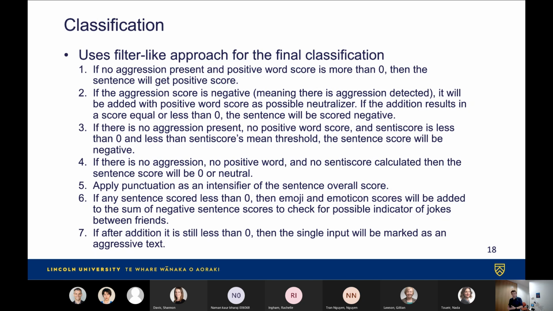So all of these different classifiers and filters are trying to weed out the things that aren't really cyber aggression and cyberbullying, and at the end, if we get to a point that the sentence is still scoring badly, then we're going to mark that as being an aggressive text and flag that to the system.